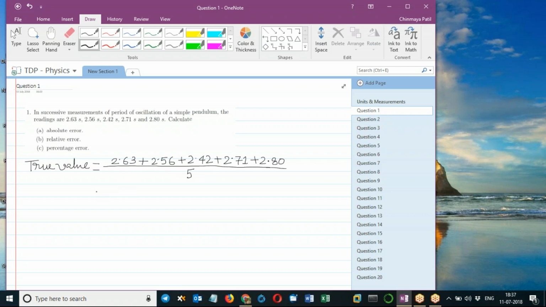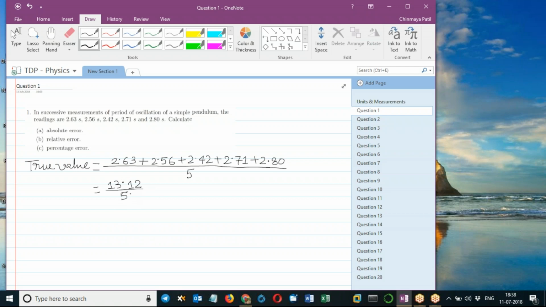Now if you find this true value, if you add all the 5 values in the numerator, you will get 13.12. So it is 13.12 divided by 5.